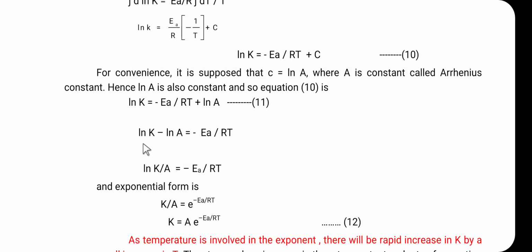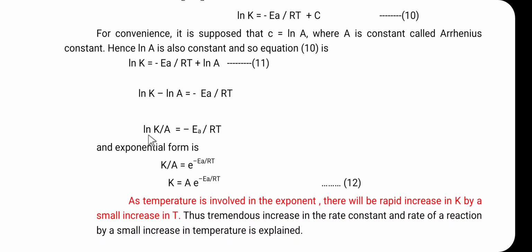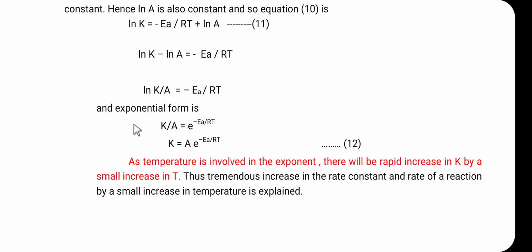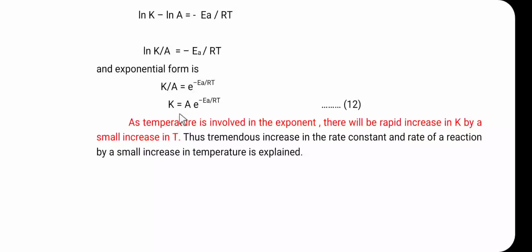This equation can be written as ln k minus ln a is equal to minus EA by RT. So, ln k by a is equal to minus EA by RT, and the exponential form can be written as k upon a is equal to e raised to minus EA by RT, or k is equal to a into e raised to minus EA by RT. This is equation number 12, and equation 12 is the exponential form of the Arrhenius equation.